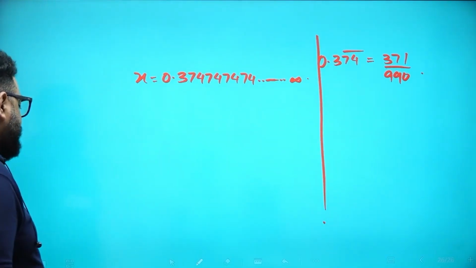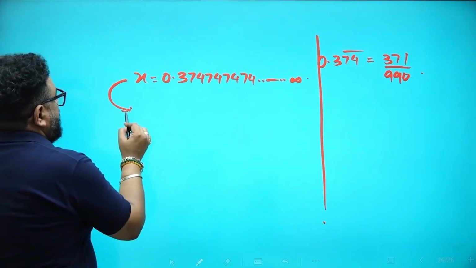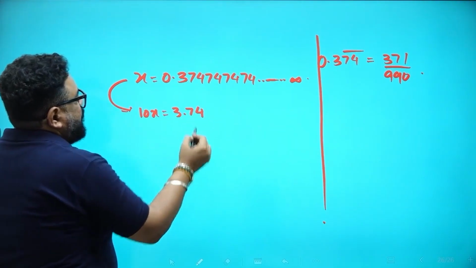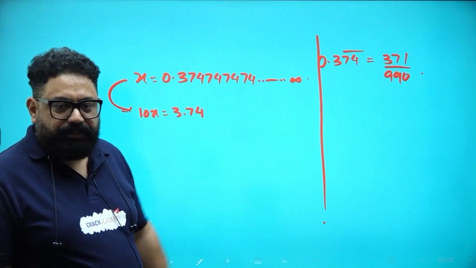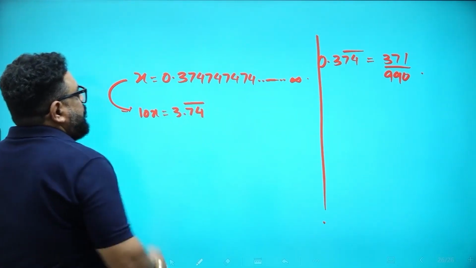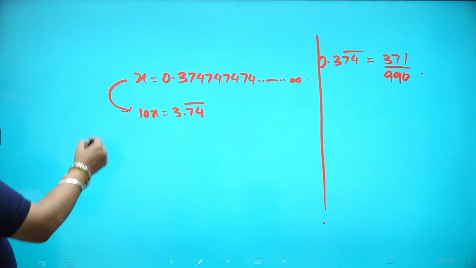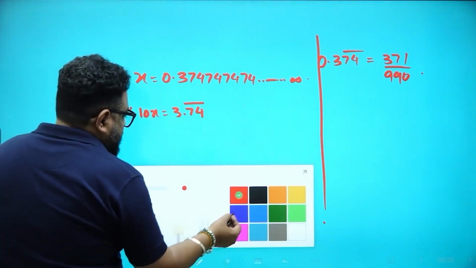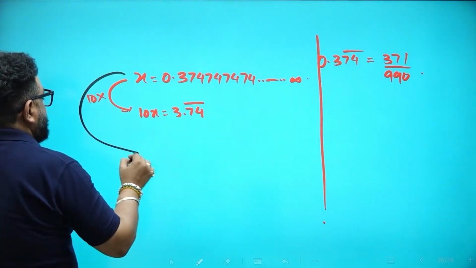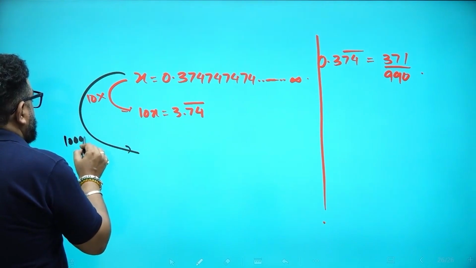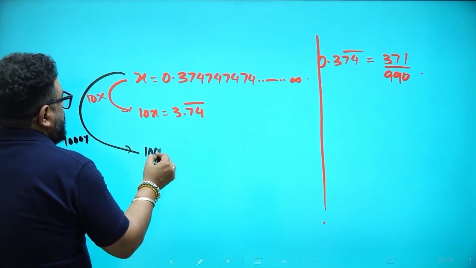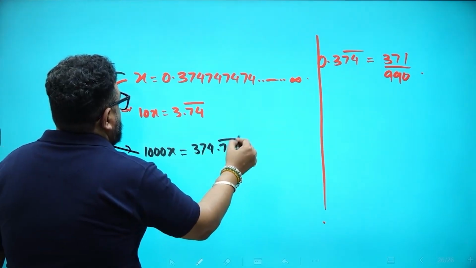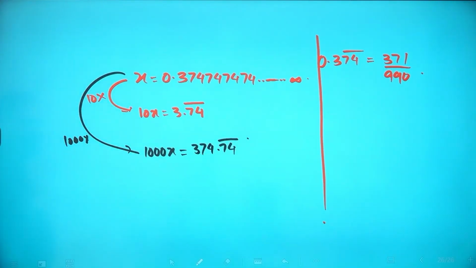Right? Multiply this by 10. So 10x would be 3.74747474. So can I write it as 3.74 bar, if I multiply this number by 10. And similarly, if I multiply this number by 1000, you get 1000x, which is equal to 374.74 bar.